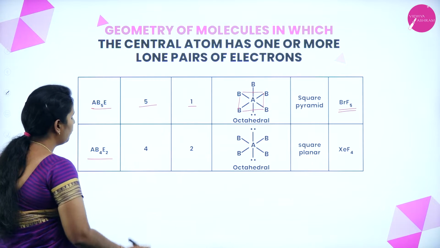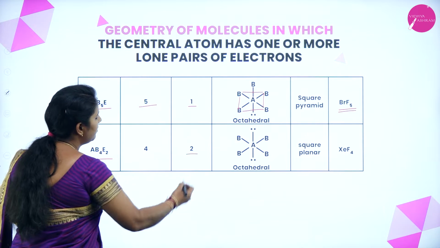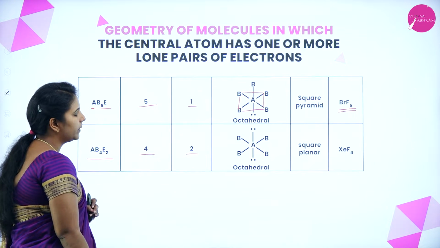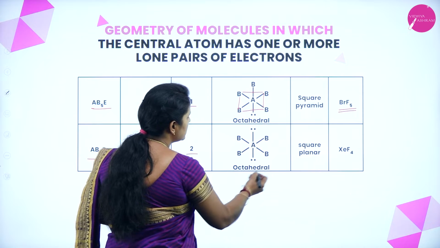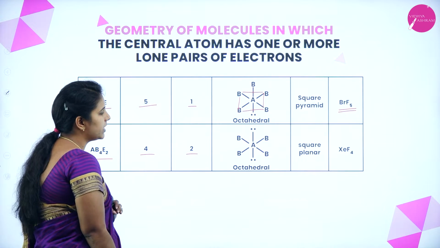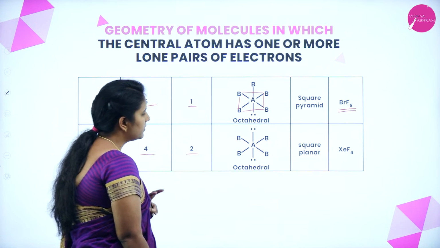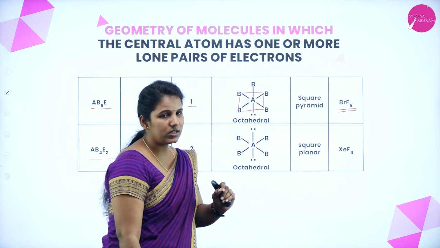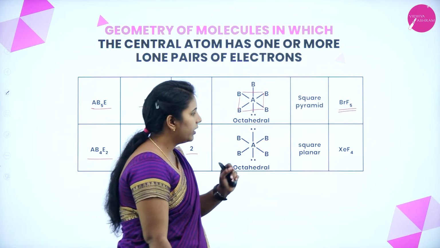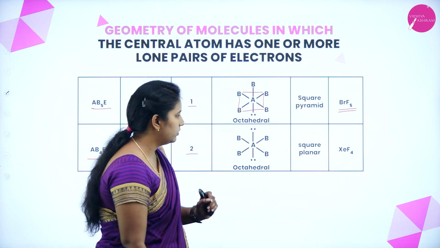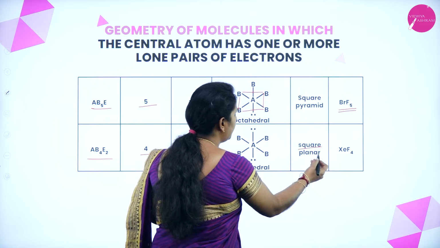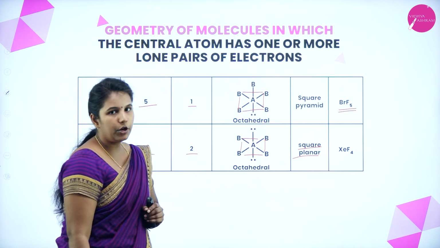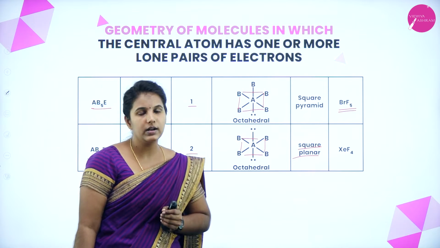Next is AB4E2. In that, the central metal atom has 2 lone pairs of electrons and 4 bonding pairs of electrons, and this is a general representation of a central atom with the 4 bond pairs and the 2 lone pairs of electrons. Example, XeF4, that is xenon tetrafluoride, and it has a square planar structure because it consists of 4 hybrid orbitals which occur in a square plane.